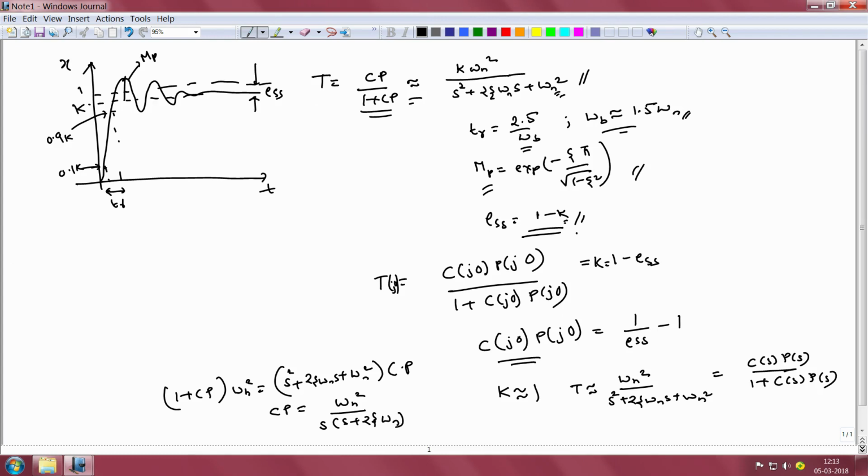So, the open loop transfer function which gives us this approximate closed loop transfer function is given by this expression here.